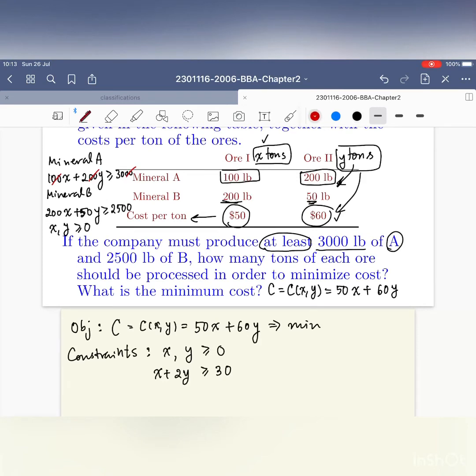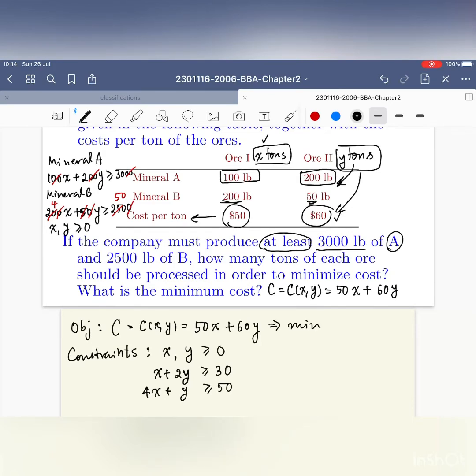And for 200x plus 50y, you can simplify by another 5, so you have 4x plus y greater than or equal to 50.